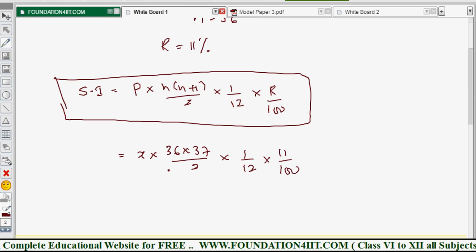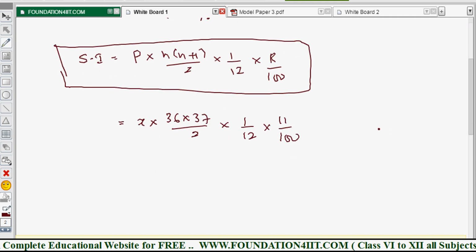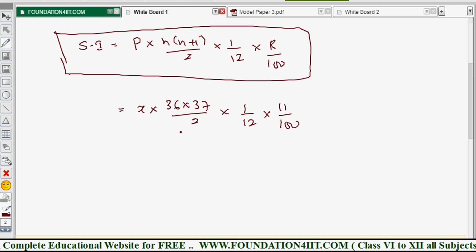If you simplify, 36 cancels with 12, 12 threes are 36, and we get 3 into 37 into 11 by 2 into 100, which is 200, into x. This is the interest paid.